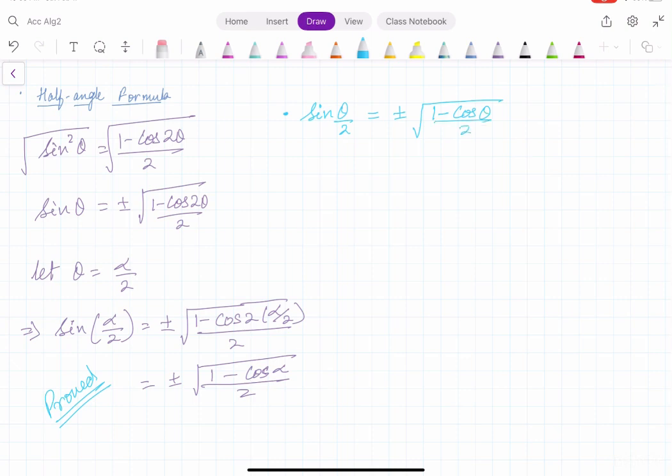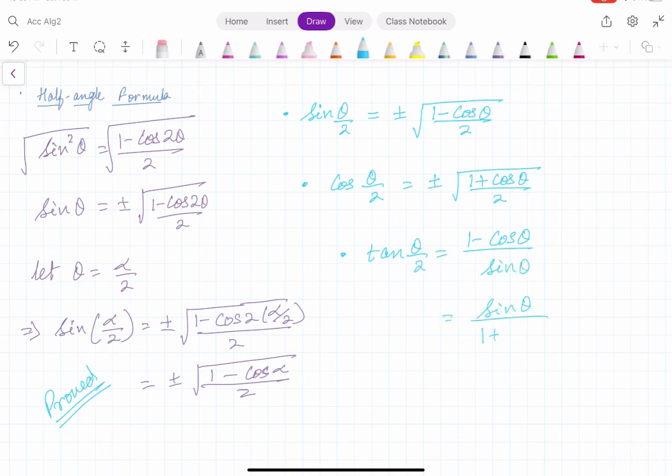So just a brief summary, because we are talking about the half angle theorem: sine theta over 2, cos theta over 2 is this because it is derived from cos square theta, and then tangent theta over 2 will be, now here's the thing, we have a radical over a radical, so it will be 1 minus cos theta divided by... no, not 1 plus cos square theta, because it will be squared, so it is just sine theta.